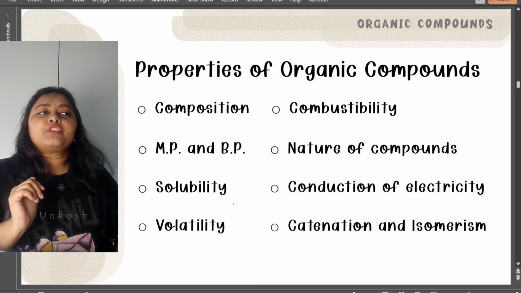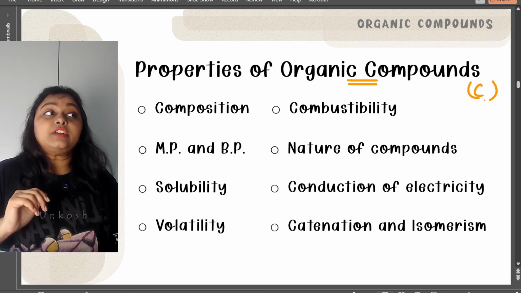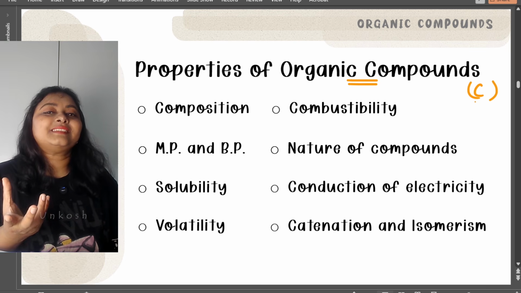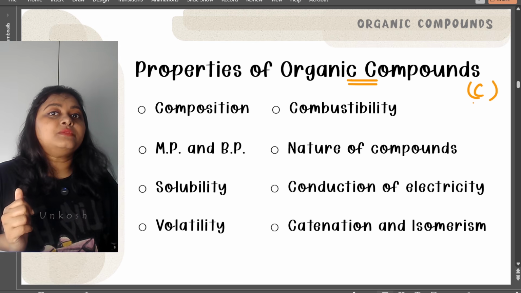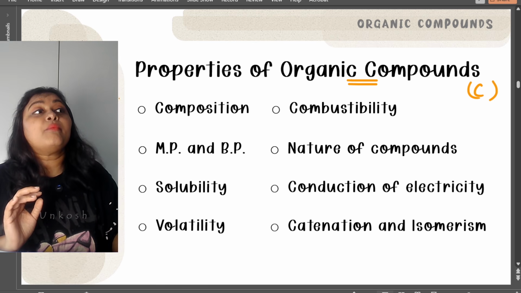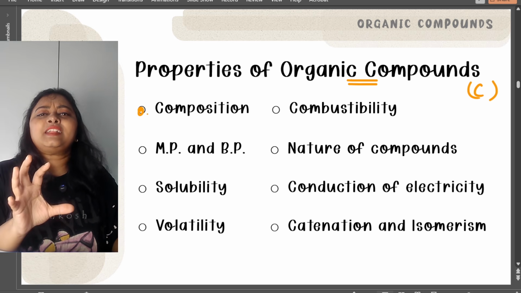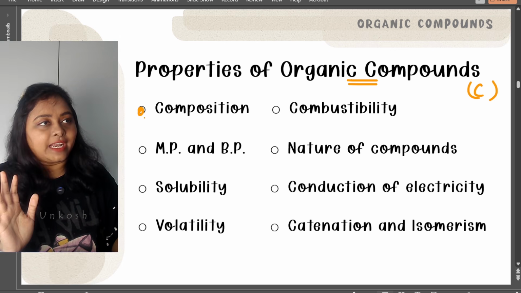What are those? First of all, when I say organic compounds, of course it has carbon in it, but other than carbon, which are those elements that play a role in forming organic compounds? Let us talk about the composition of organic compounds. Composition is nothing but which elements are involved in the formation of organic compounds.